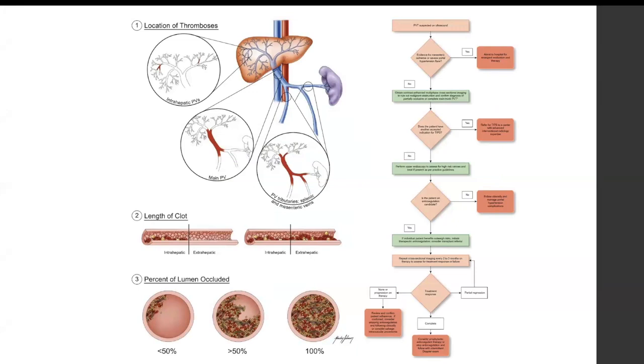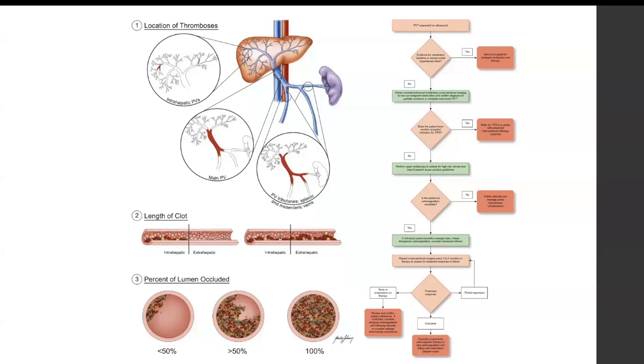Generally, if it's relatively small and non-occlusive and acute, then you just have patients go on blood thinners. Sometimes that can be scary if they have a history of variceal bleeding, but that's generally the first treatment, and often it will go away. You don't jump to doing an intervention just because there's a spot in the portal vein. In fact, you try to avoid it.